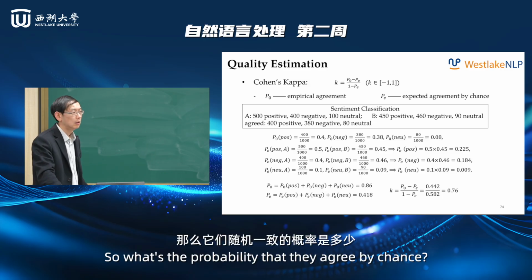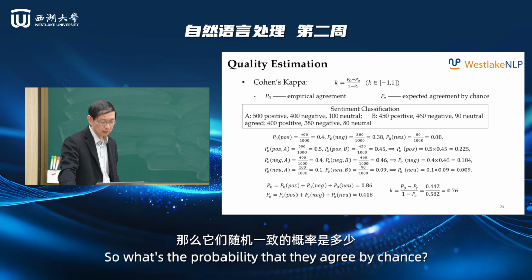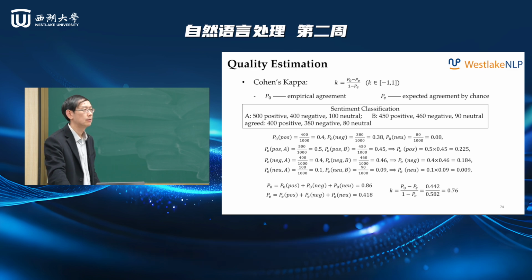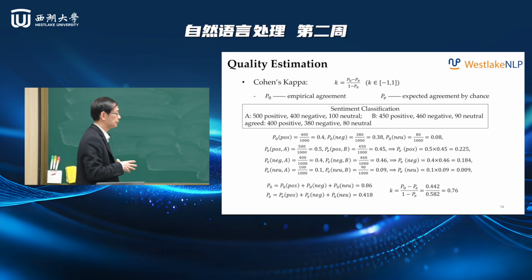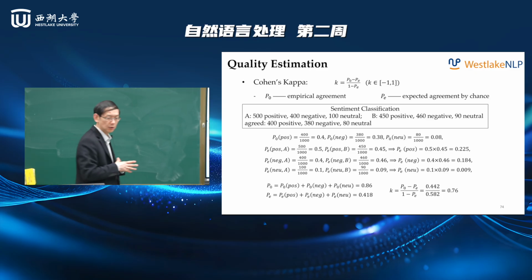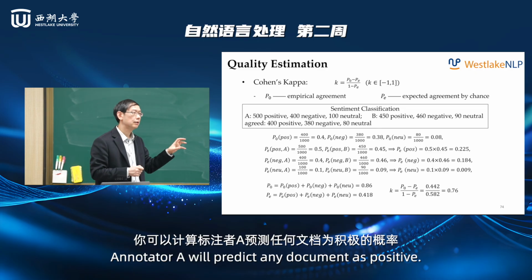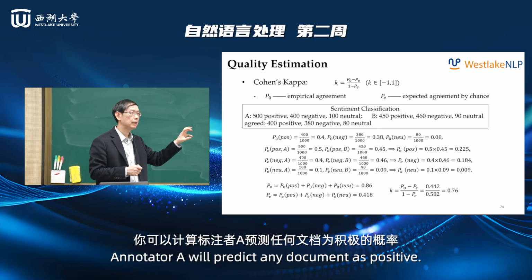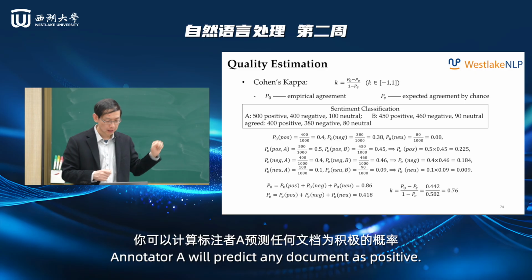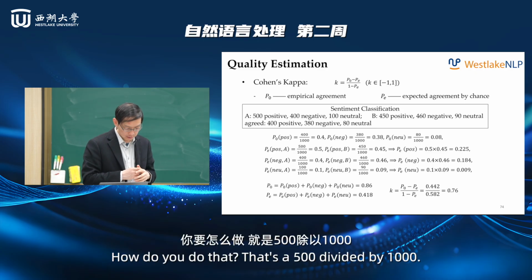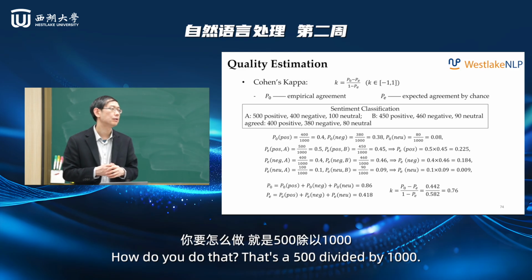All right. So what's the probability that they agree by chance? You can calculate the probability that annotator A will label any document as positive. How do you do that? That's 500 divided by 1,000.